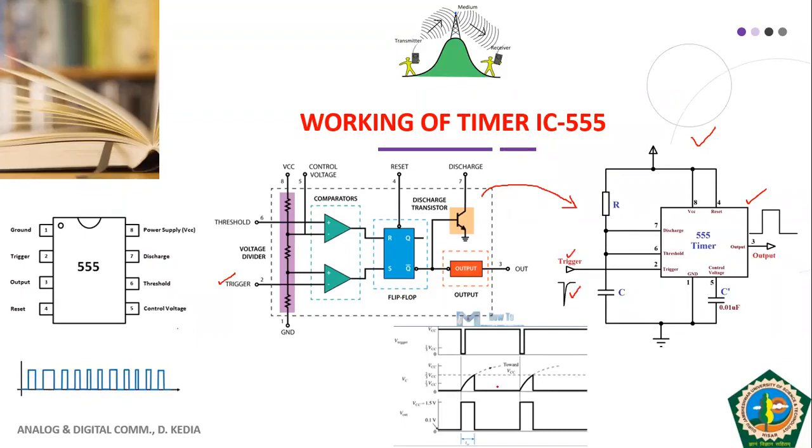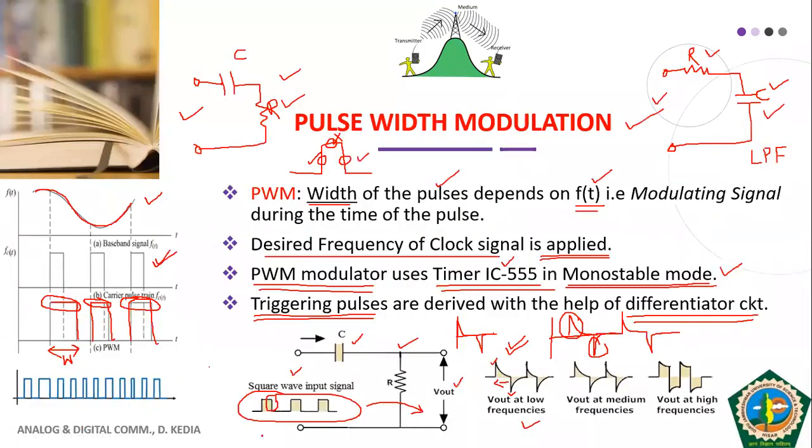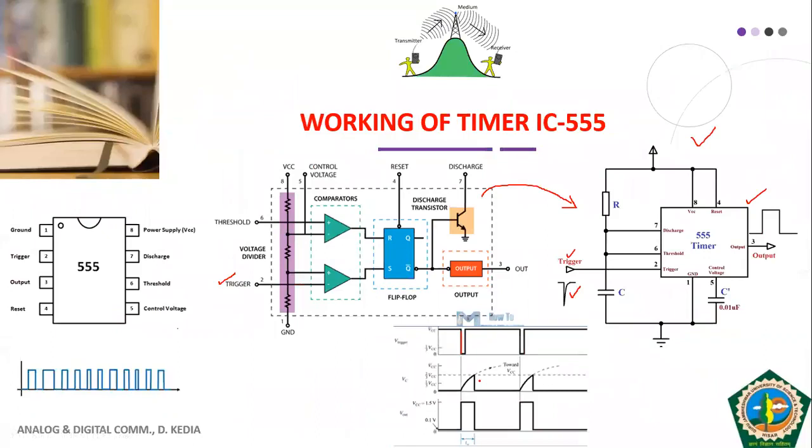So we will initiate the working of the circuit at the negative going edge. This is not the trigger pulse generator; the trigger pulse has been generated separately, as I showed you in the previous slide. So your circuit will be triggered at the negative going pulse, not at the positive going pulse. Fine. That is one point.